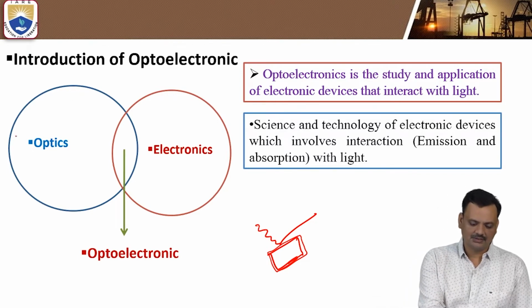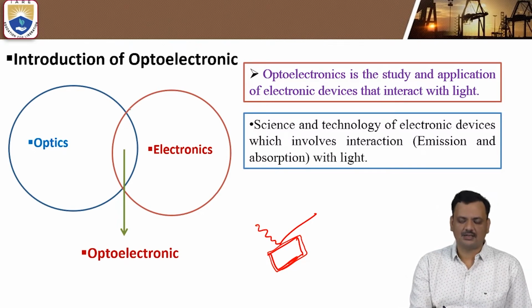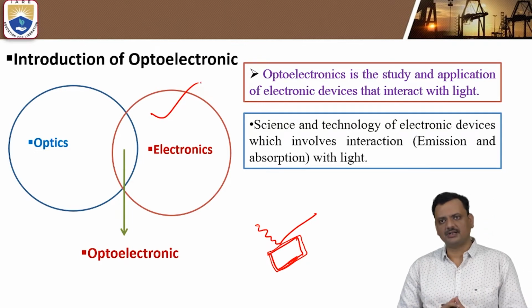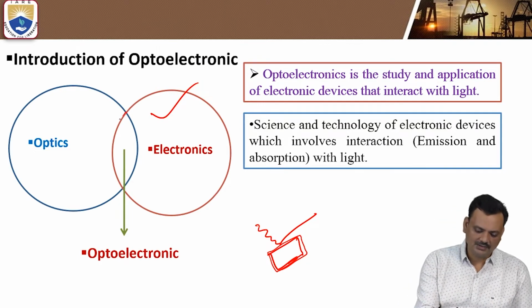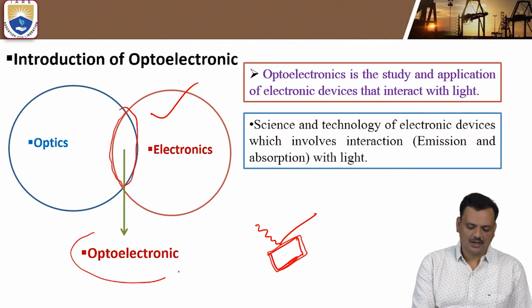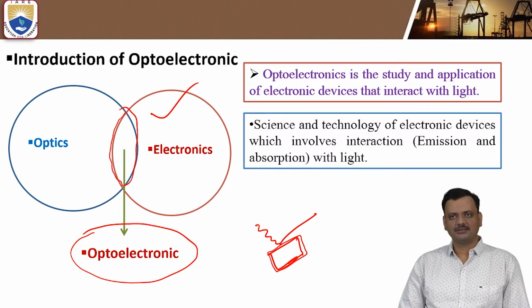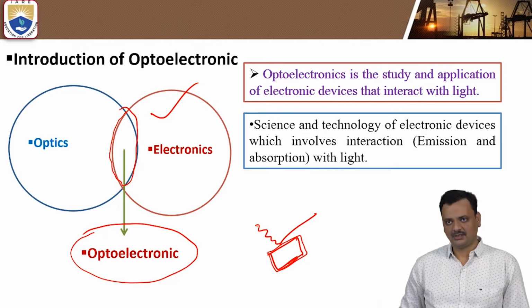This circle represents the core optics, and this red circle represents the electronics part. The interaction, optics plus electronics, comes under optoelectronics. So optoelectronics comprises two things, optics and electronics. Before the study of optoelectronics, we should have some basic idea about electronics and optics.